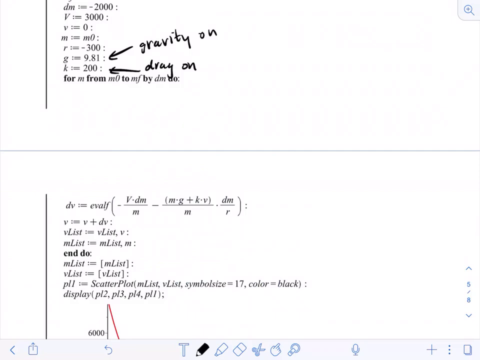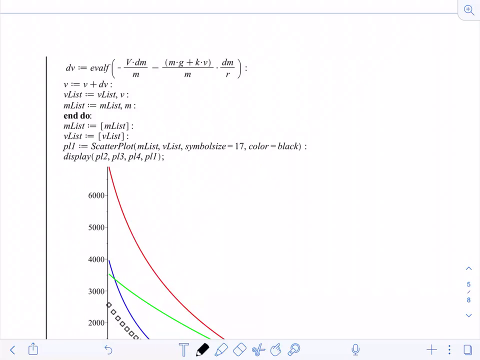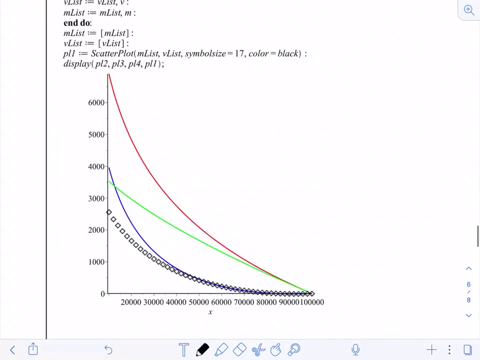So let's take a look at the solution when we have both. These points are the numerical solution for drag and gravity.